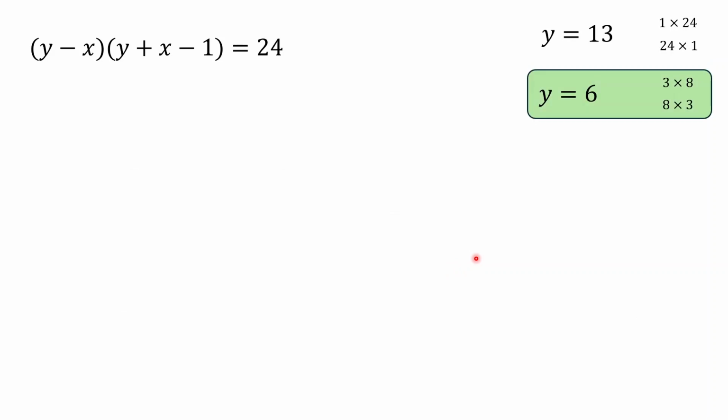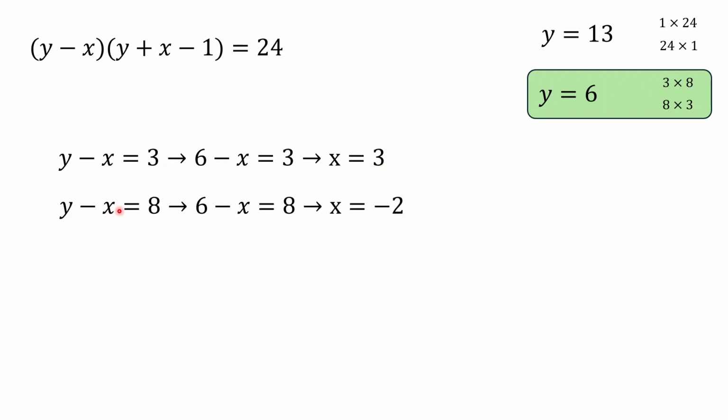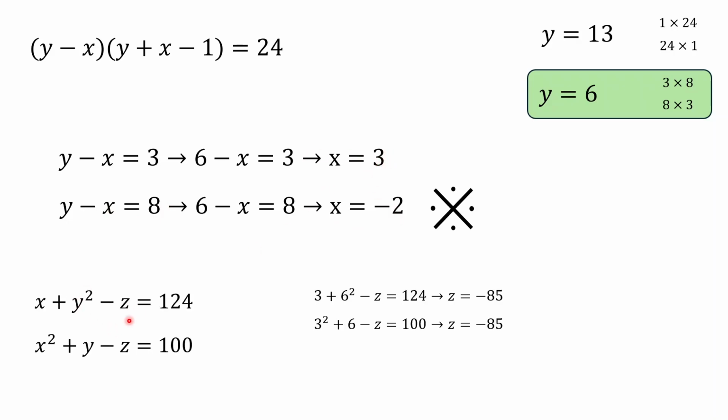Second case, obviously, is this one. Same way, y minus x is equal to 3. This one gives us x equal to 3. y minus x is equal to 8. This one gives us x equal to minus 2, which is not acceptable. And now I take this case, put it inside the equations, and we conclude that z should be minus 85.